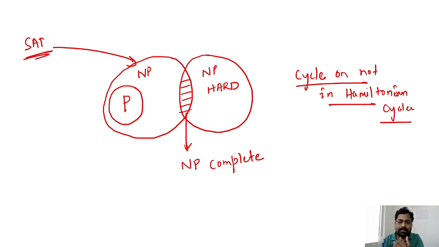Whenever we discuss the reduction, that time we will decide how the Hamiltonian cycle problem is reduced from the traveling salesman problem. When we do the reduction, it will be better to understand how it is done.